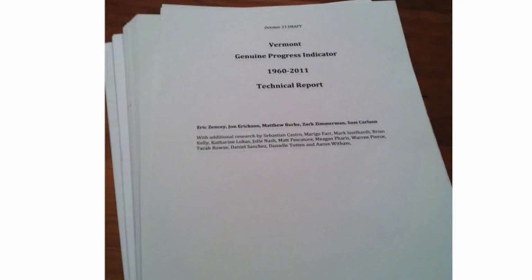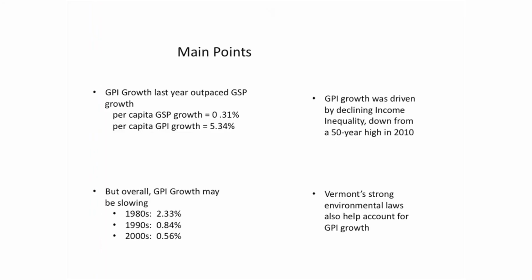There's a technical report that's coming out any day now. Some people at the state are very interested in this because they want to begin incorporating it in their economic planning.